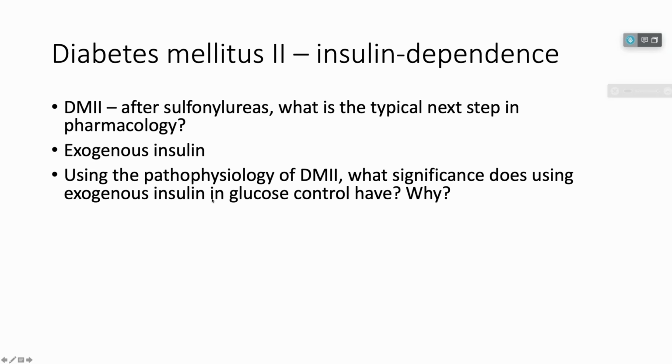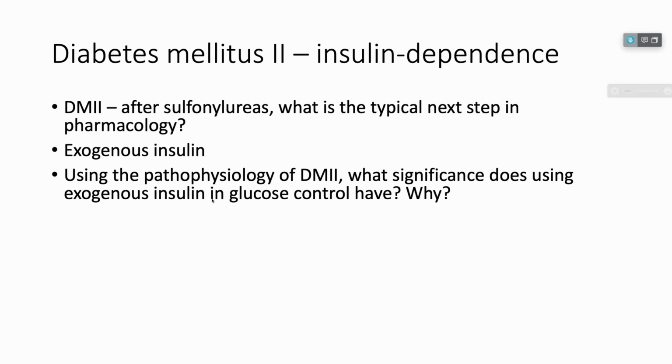So Sebastian, using the pathophysiology of diabetes type 2, what's the significance of getting to the point of using exogenous insulin for glucose control? Well, basically you start with the sulfonylurea to make more insulin as well as amylin, so you destroy your pancreas, specifically beta cells. So you need exogenous insulin, because you can't make insulin yourself.